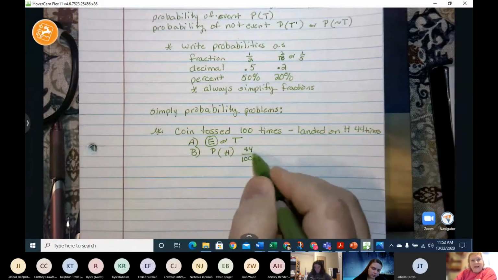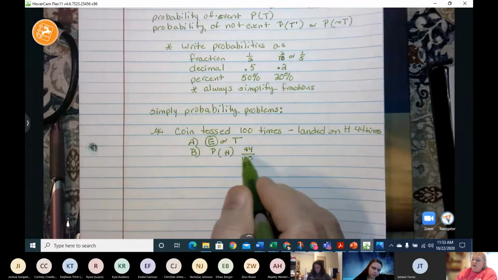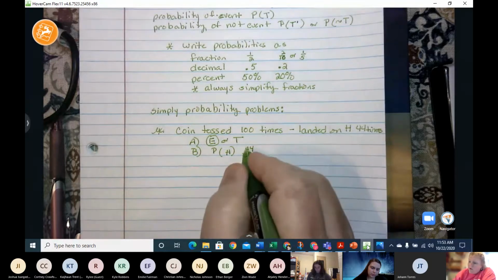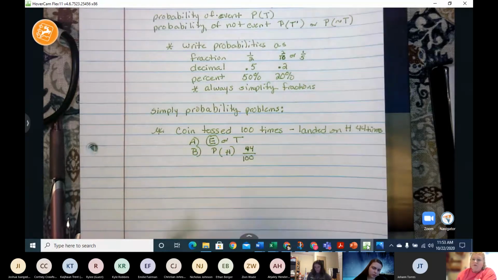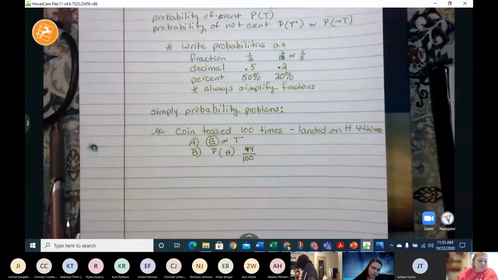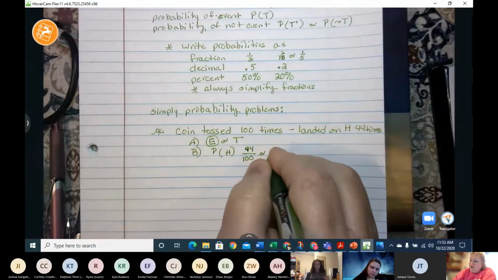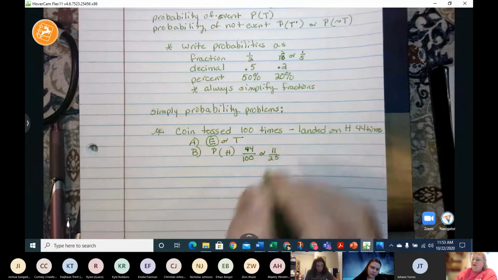So how many times can it occur over how many possible? Well, there's my fraction, but I always reduce it. So what is 44 over 100 reduced? That would reduce to 11 over 25.